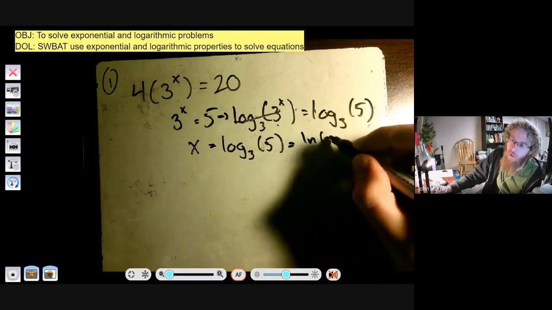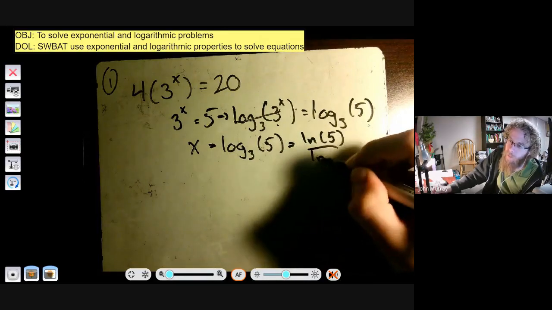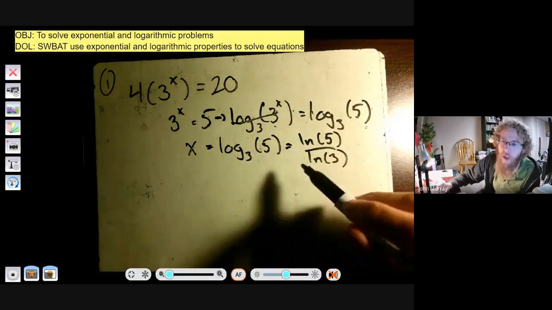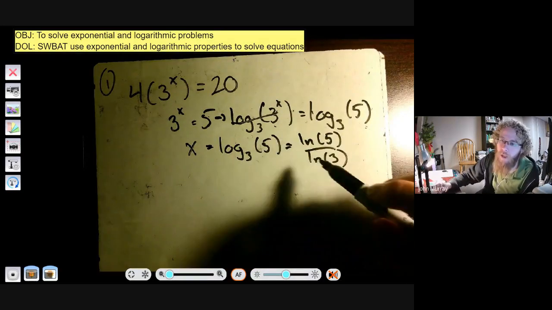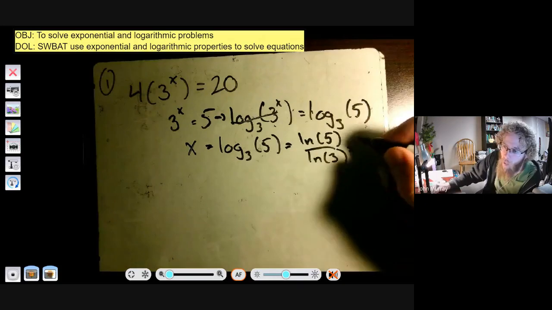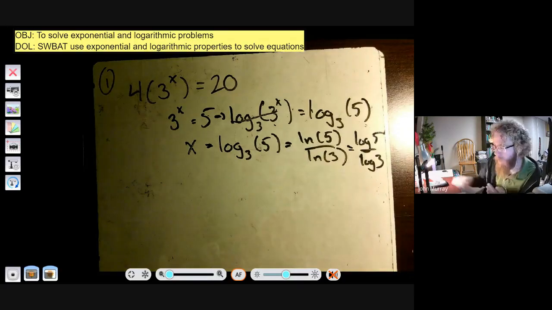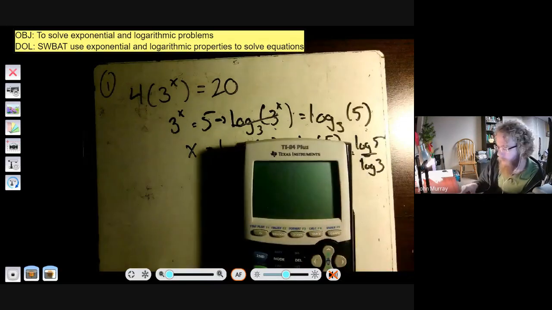So we could use our change of base formula. Log base 3 of 5 is the same as the natural log of 5 over the natural log of 3, or the common log of 5 over the common log of 3. Both of those will get you the same value.